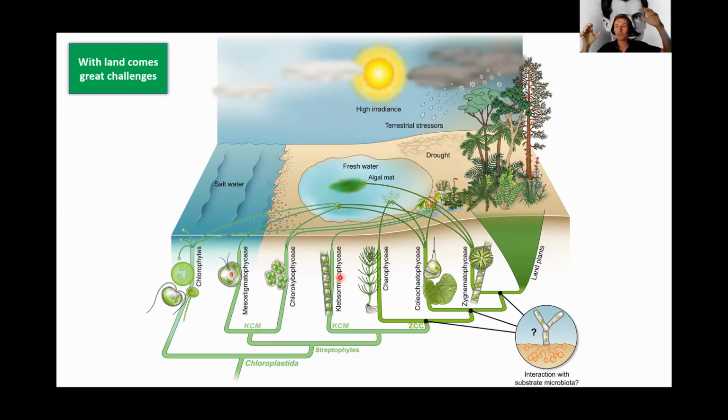When you have multiple cells, you can split the task between each cell to do different things. In the case of plants, cells were split to become roots, and other ones became shoots that could become photosynthetic and use sunlight. The roots go into the ground and absorb nutrients. That's just an example of differentiation.